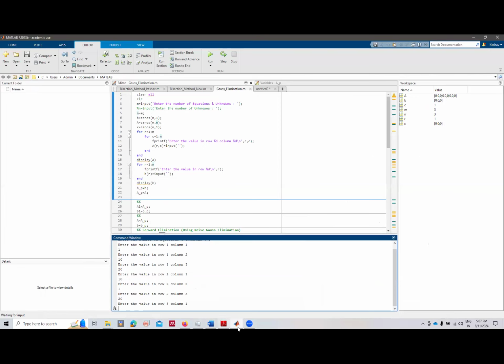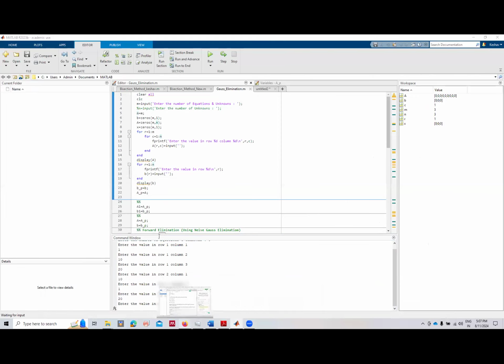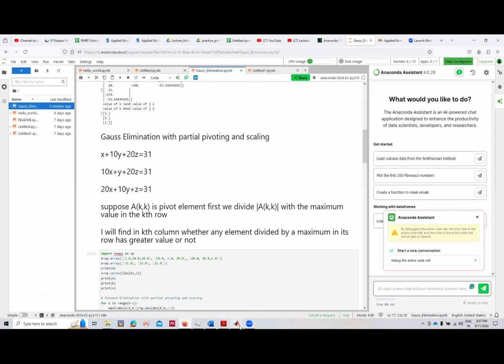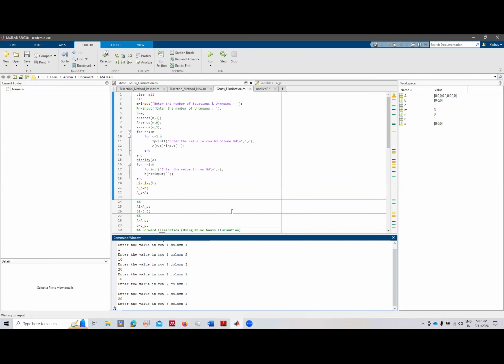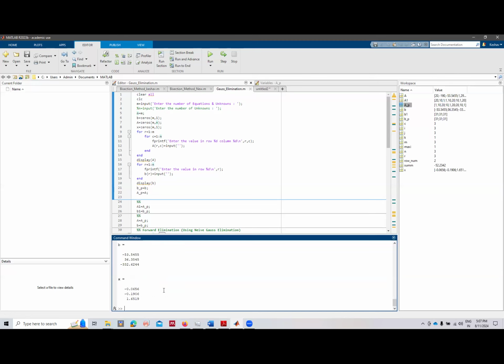Then 20, 10, 1. So this is my A matrix. Now I need to enter the B matrix values. So 31, 31, 31. Okay.